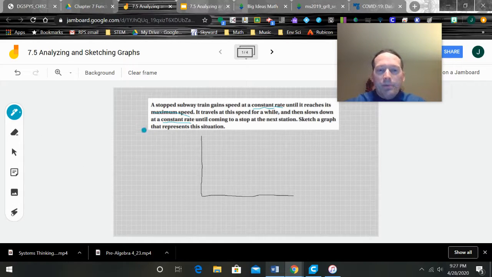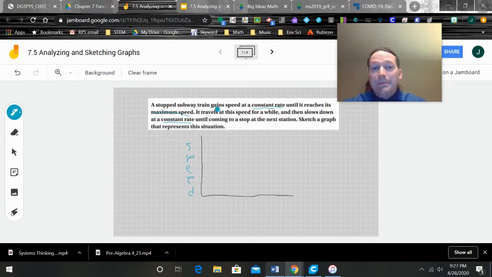Okay, so if you notice before, when we looked at them, we had the graph, but we have labels over here. So we need to come up with two labels. What is it talking about? Speed. So that'll come over here. And what's the other thing? Could be distance.